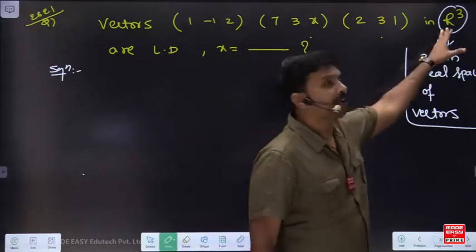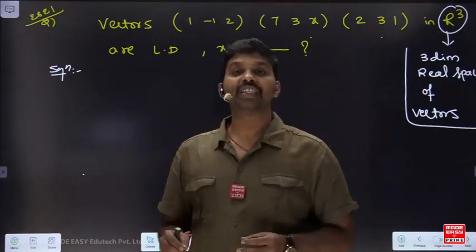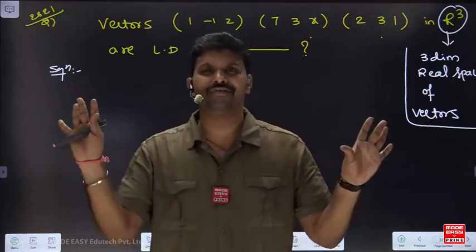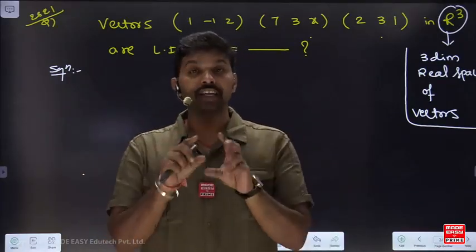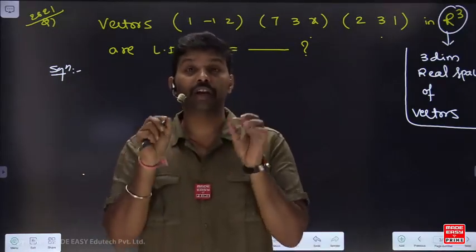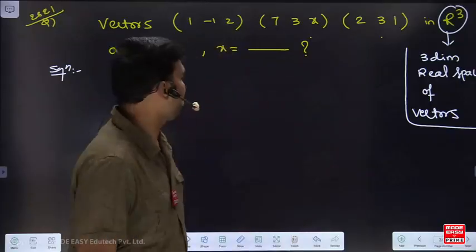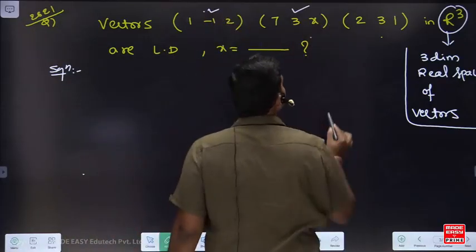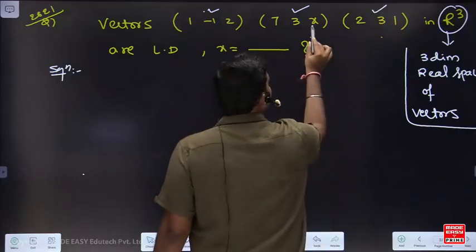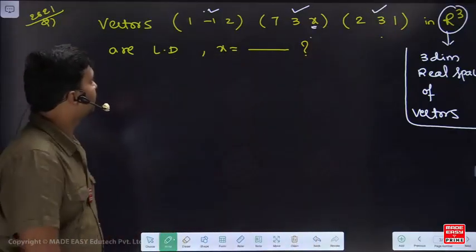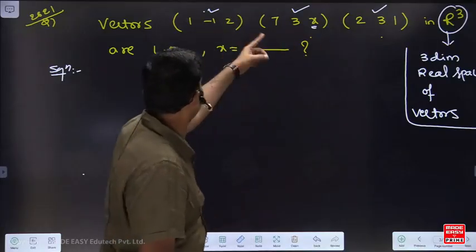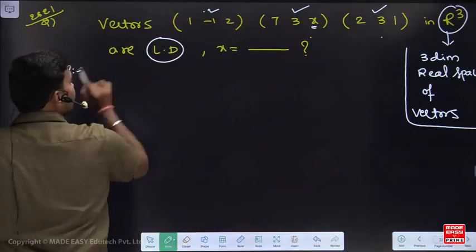That means R cube is a set which consists of 3-dimensional real vectors. Simply, it's a set of 3-dimensional real vectors. So this is one real vector, this is one real vector, and this is one real vector when x is a real number. So these are the three real vectors, and we are saying that these three vectors are linearly dependent.